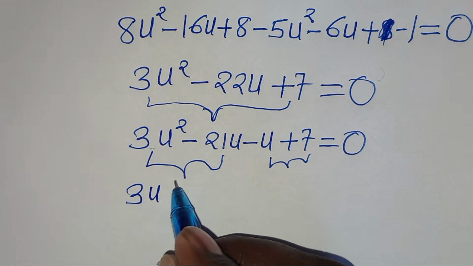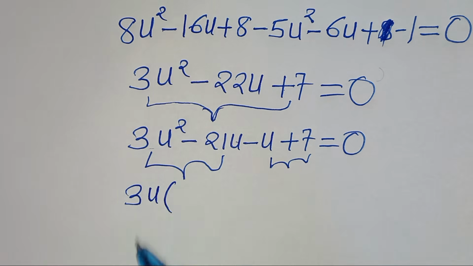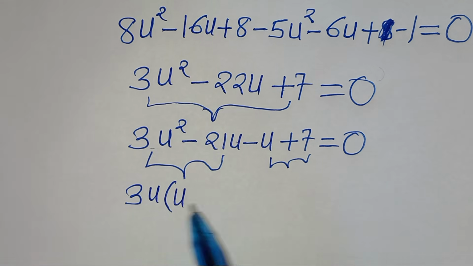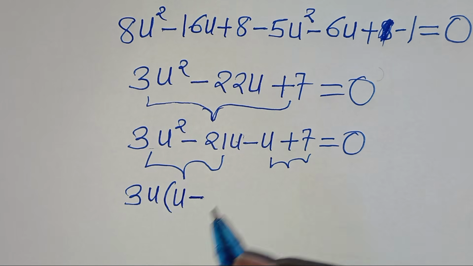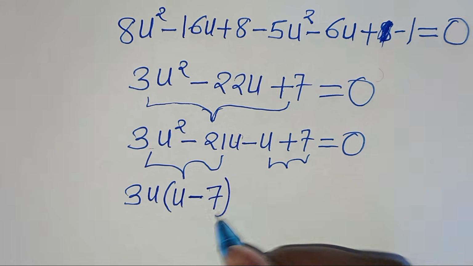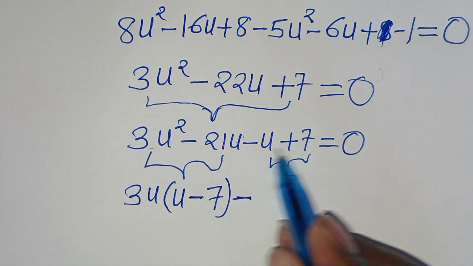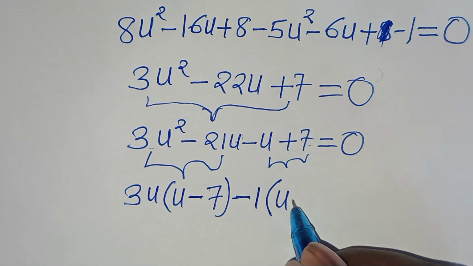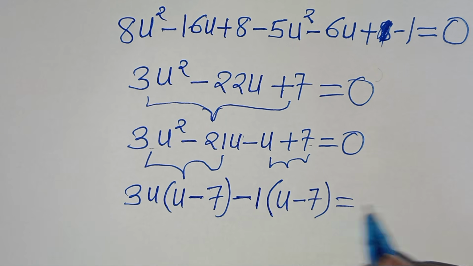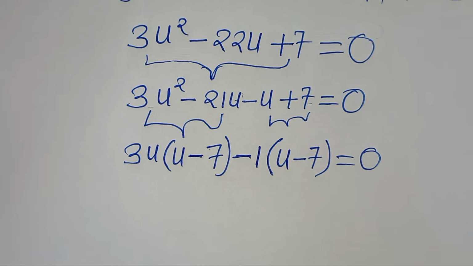Let's factor out 3u. So that's 3u squared divided by 3u. This is u. Subtract 21u divided by 3u. This is minus 7. Then subtract 1 is common here. So let's factor out 1 so that we have u minus 7. This is equal to 0.